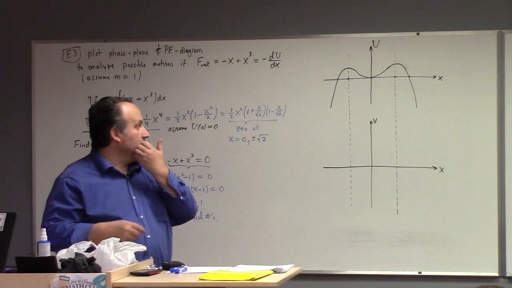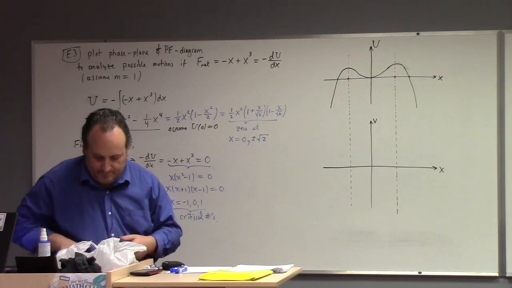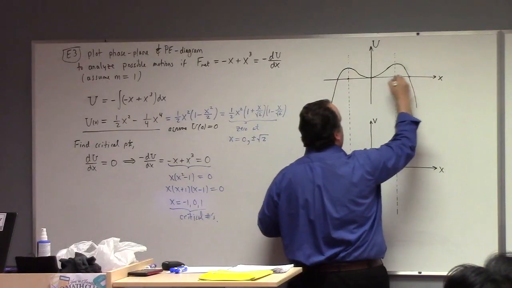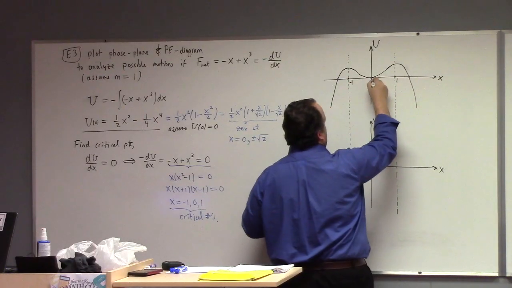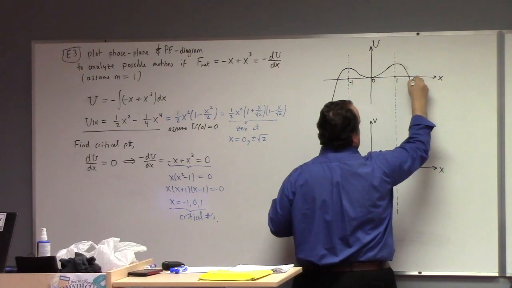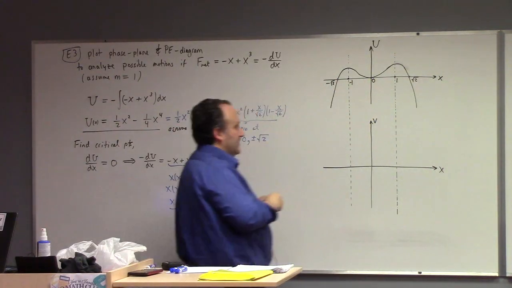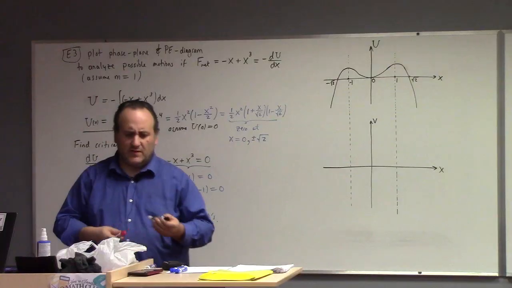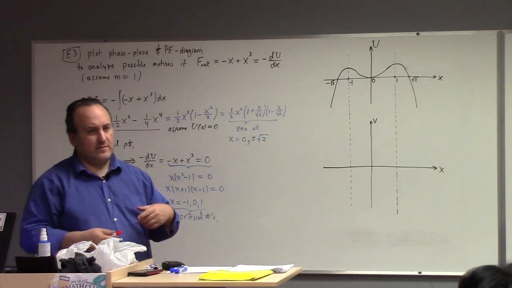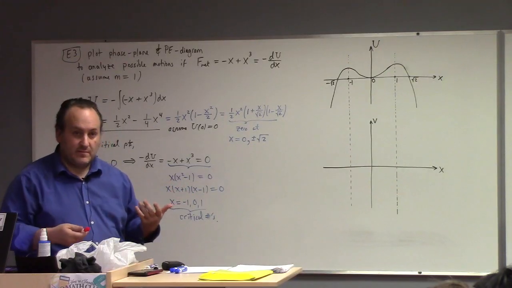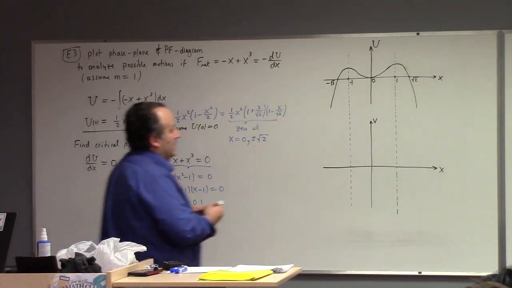Yeah? Now, some labels. This is 1, this is minus 1, this is 0, here's root 2, here's minus root 2. All right, great. Now the next order of business, as you saw, is there one possible motion? No, there are many, right? So it depends on the energy level and also your initial position.